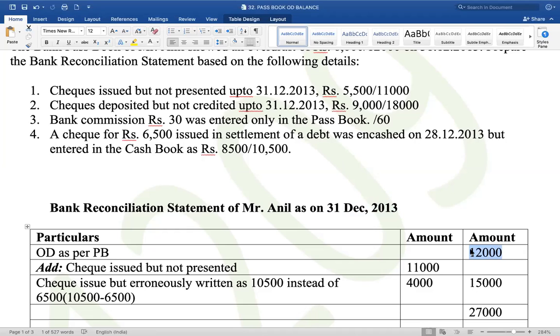What you have to do then, you have to add it so that the OD gets increased. So add check issued but not presented 11,000. Any doubt here? Please let me know.